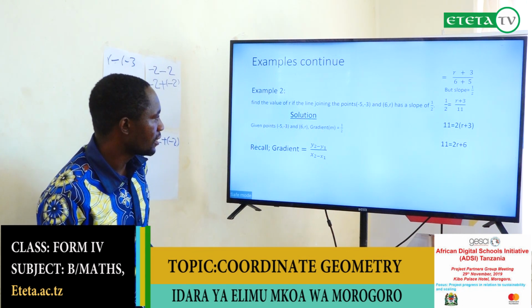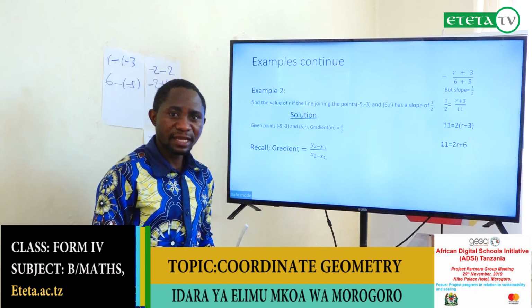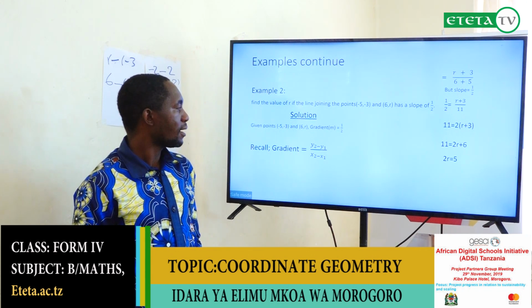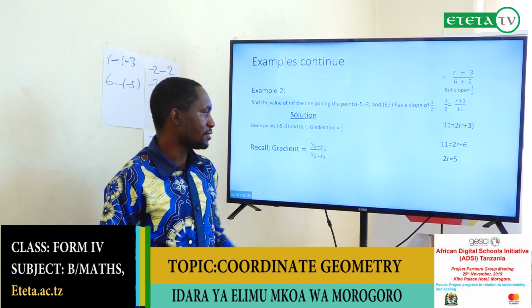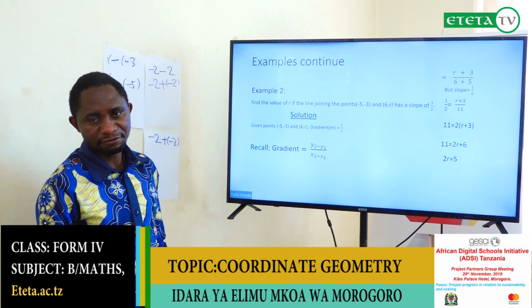As you can see now, the resulting equation will be 2r equals 5, since 11 minus 6, we get 5.